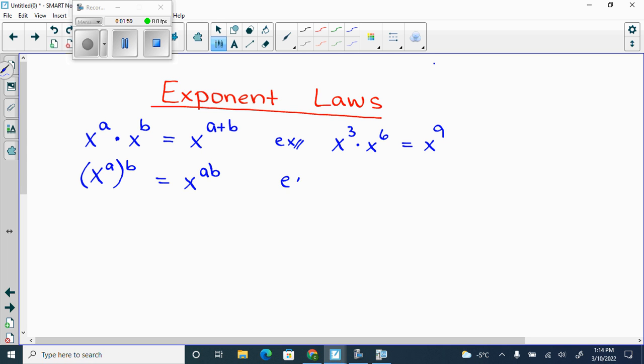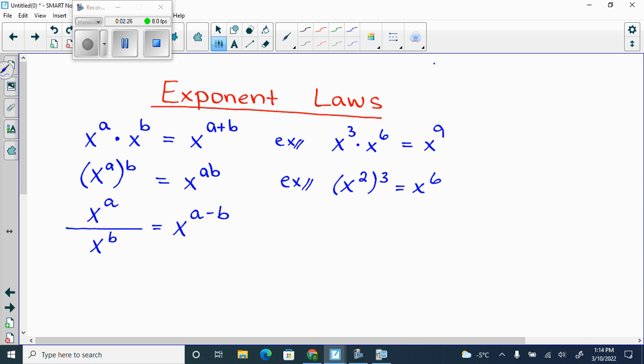So an example would be x^2 with a 3 outside. What would this be? x^6. Where do you think I would subtract? Yeah. So if I had x^a divided by x^b, that would be the same as x^(a-b).